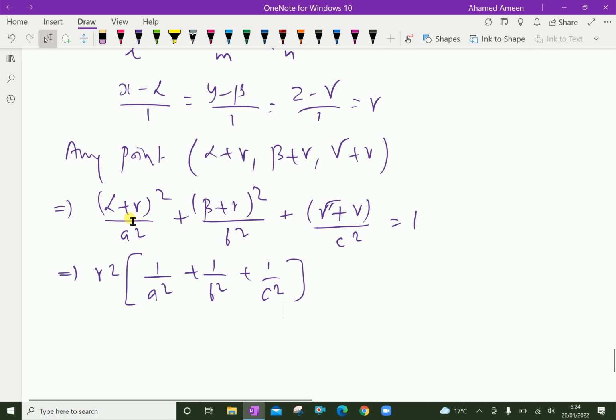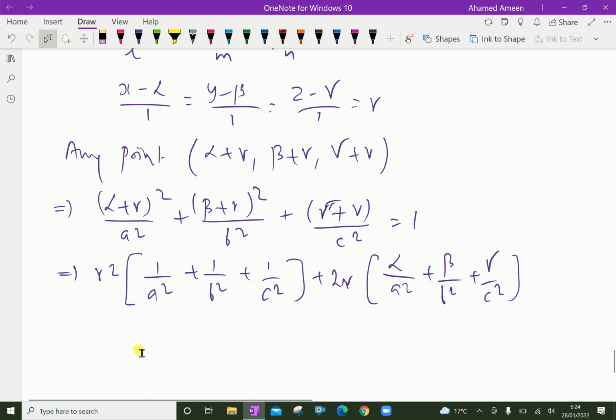That means we are expanding. Suppose (alpha plus r) whole squared is alpha squared plus 2 alpha r plus r squared. Like this, after expanding and simplifying, we take out r squared common, then plus 2r times (alpha over a squared plus beta over b squared plus gamma over c squared).